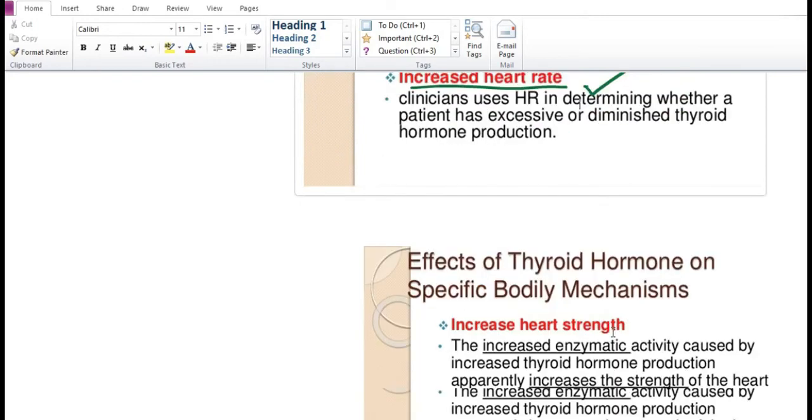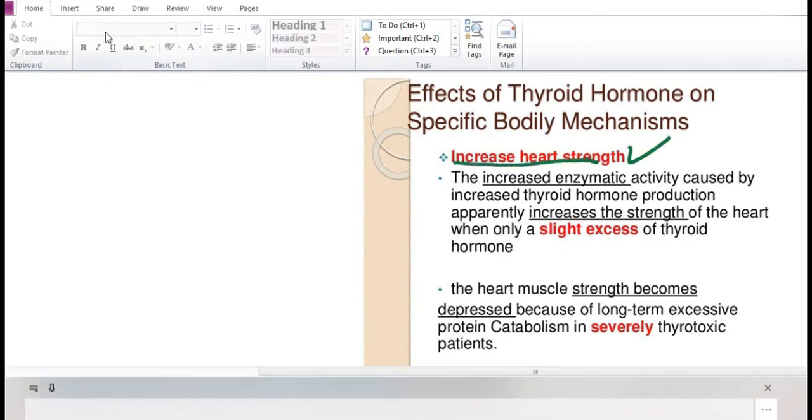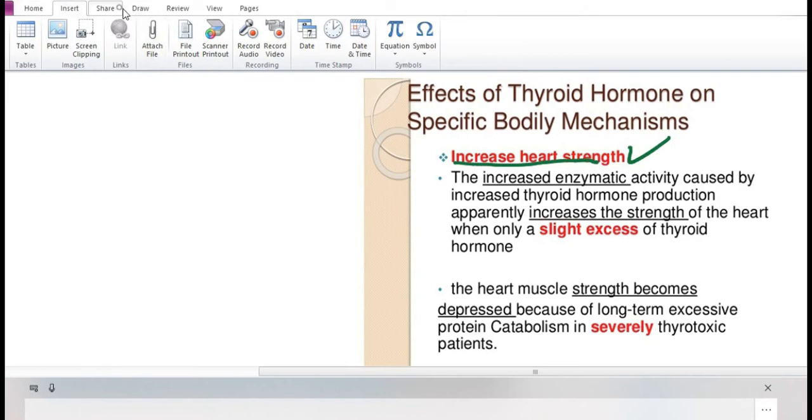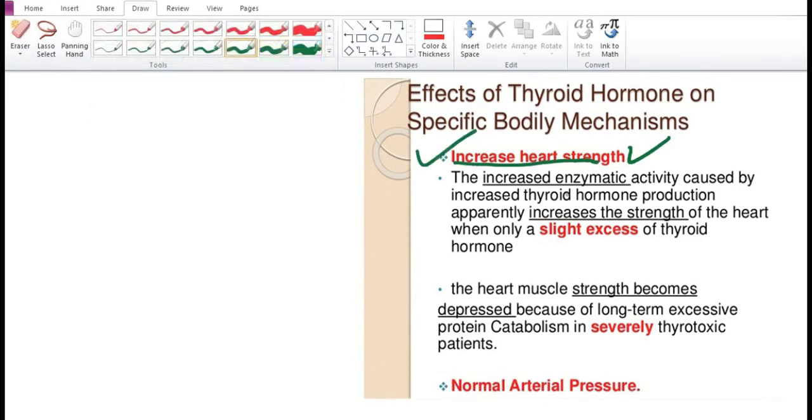There is increased heart strength. The increased enzymatic activity caused by increased thyroid hormone production increases the strength of the heart. Also know that thyroxine accelerates the erythropoietic activity and increases blood volume.